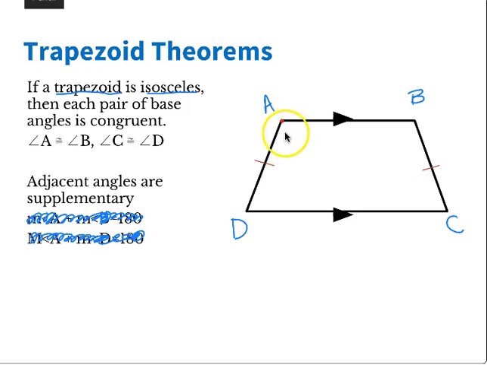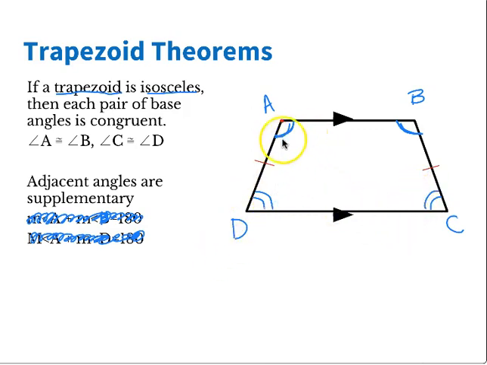That means that angle A and angle B will be congruent, and angle D and angle C will be congruent. Notice there's one arc here and one arc here, meaning A and B are congruent. Then I did two arcs and two arcs here, showing us that angle C and angle D are congruent.